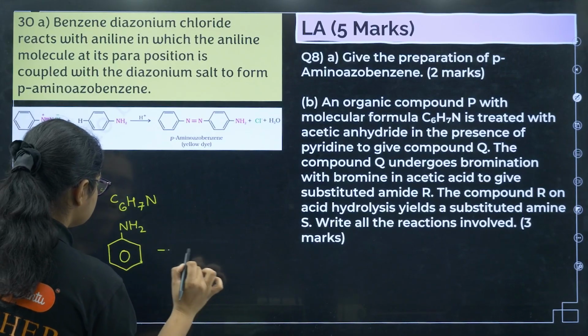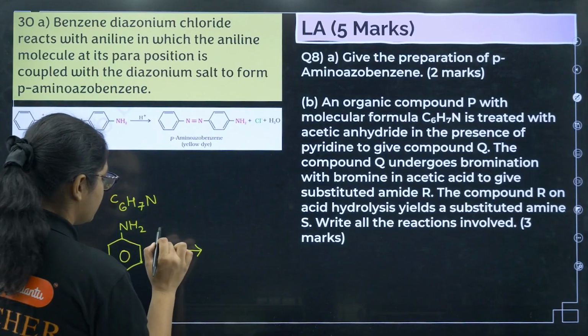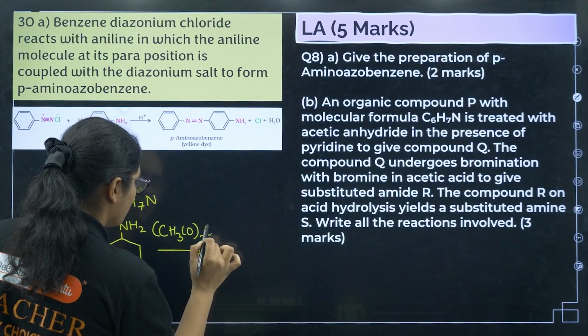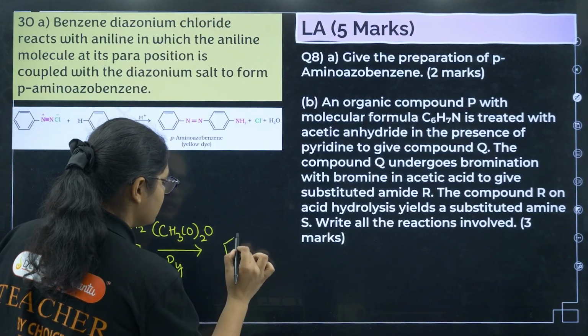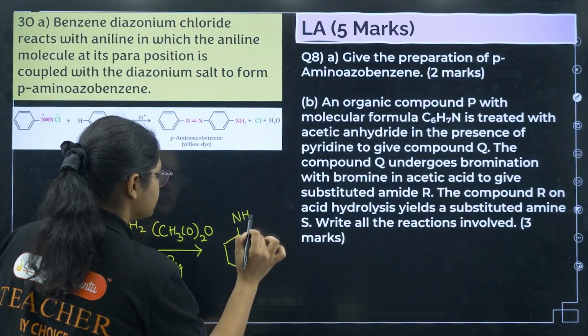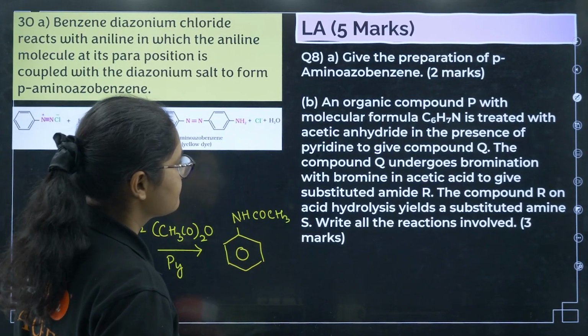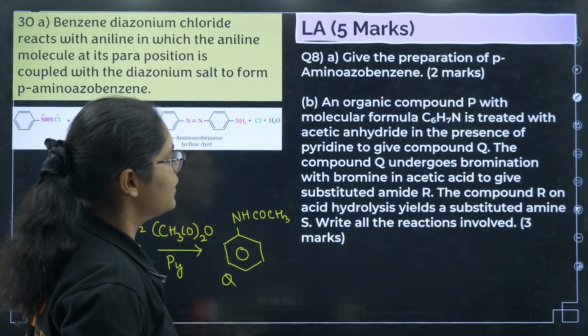Next, when it is treated with acetic anhydride, (CH3CO)2O, in the presence of pyridine, I will get NHCOCH3, and this is your compound Q, and this is your compound P.